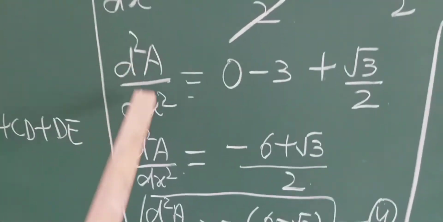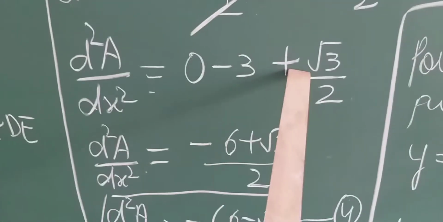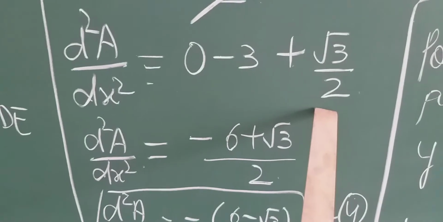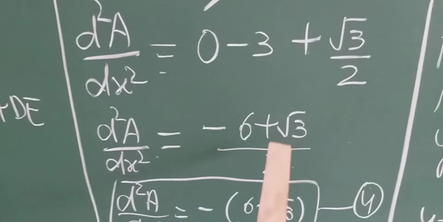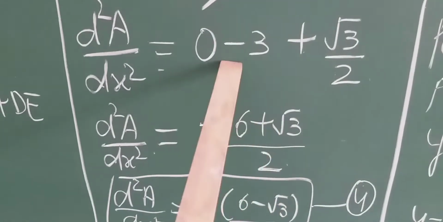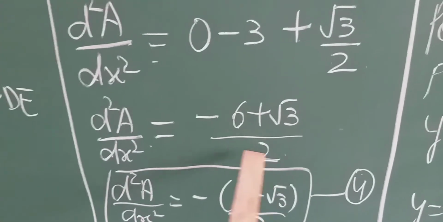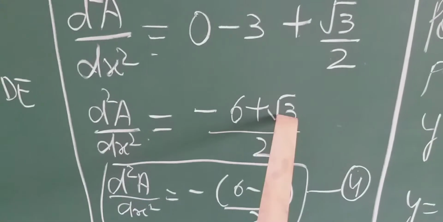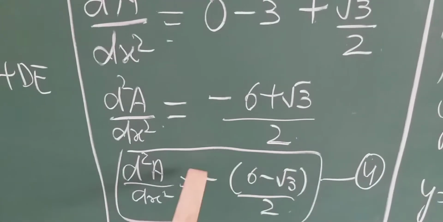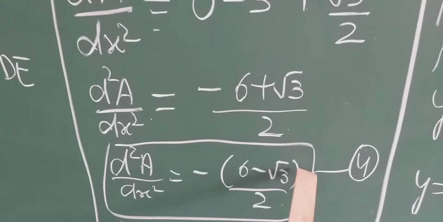So d square A upon dx square equals to minus 3 plus root 3 upon 2. Let us take LCM, LCM is 2. So there will be (minus 6 plus root 3) upon 2. This is second order derivative. We can take minus common. So minus (6 minus root 3) upon 2.